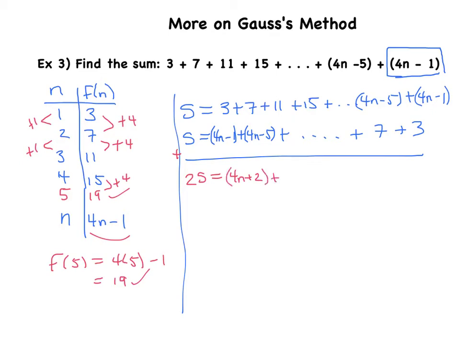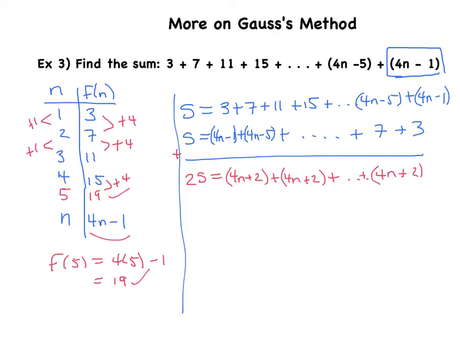Plus 7 plus 4n minus 5, well, that's going to be 4n. And 7 plus a negative 5 is again a plus 2. And so what you'll notice is that's going to happen every time we add the pair of numbers. So I have 4n plus 2 being added up repeatedly.